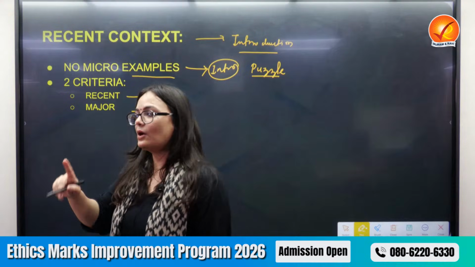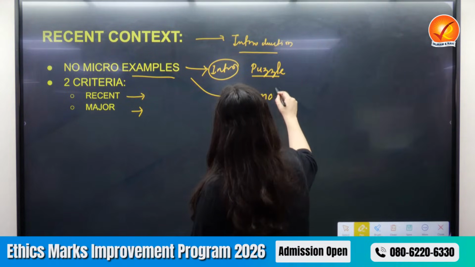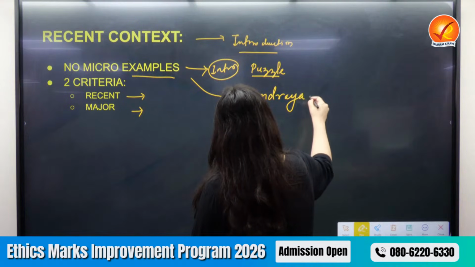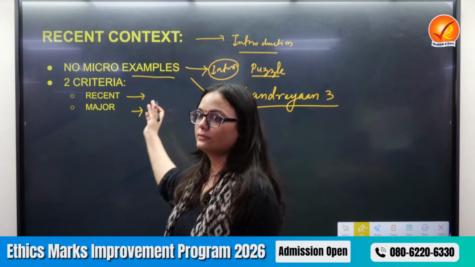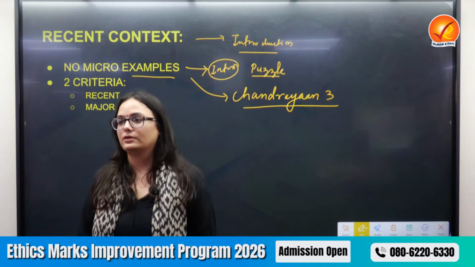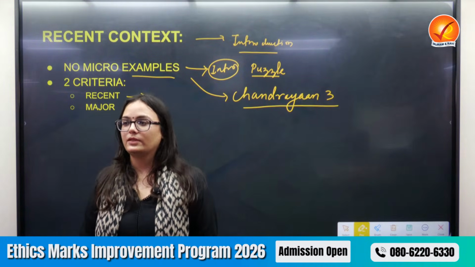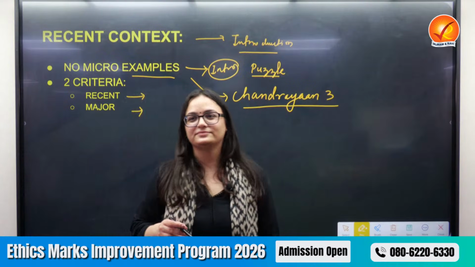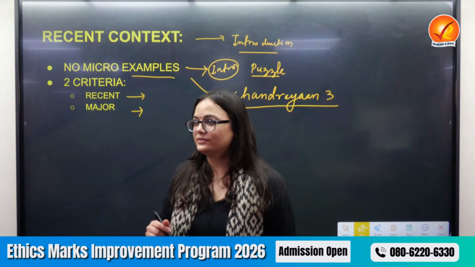Recent why? Now can I write the example of Chandrayaan 3 as an introduction in a question? Can I write? How many of you say yes? When was the takeoff of Chandrayaan 3? 23?